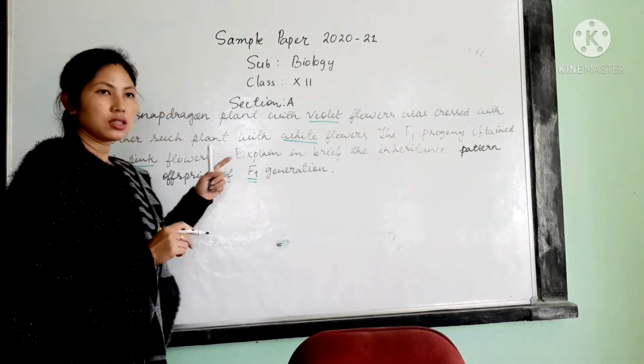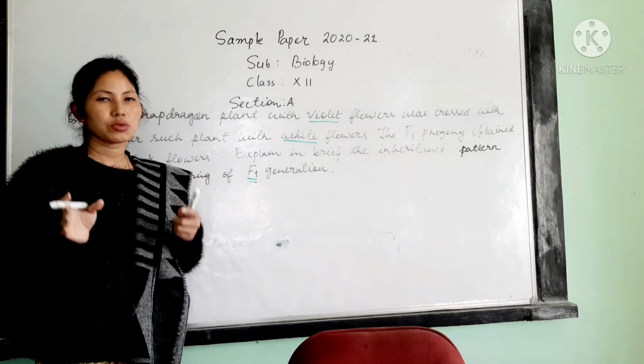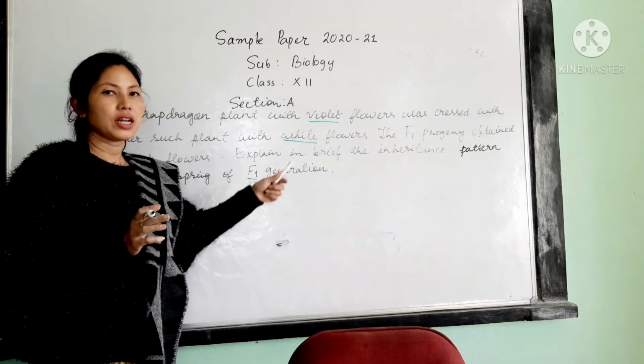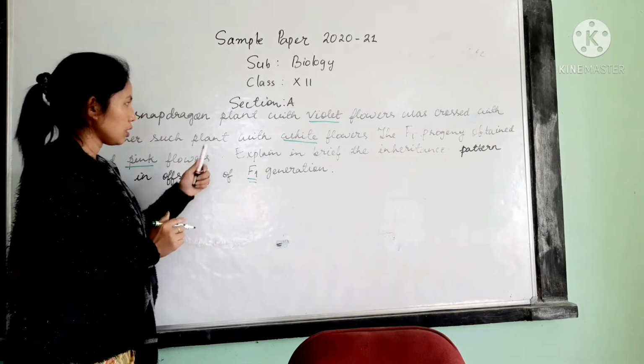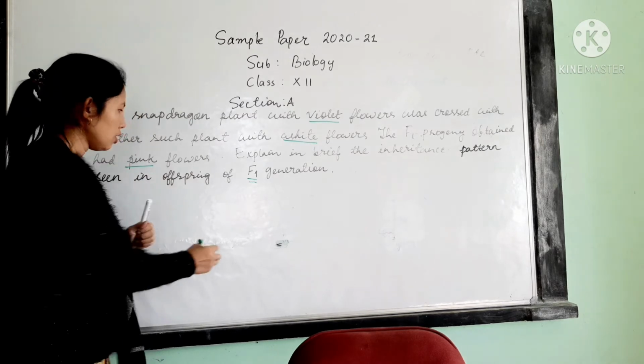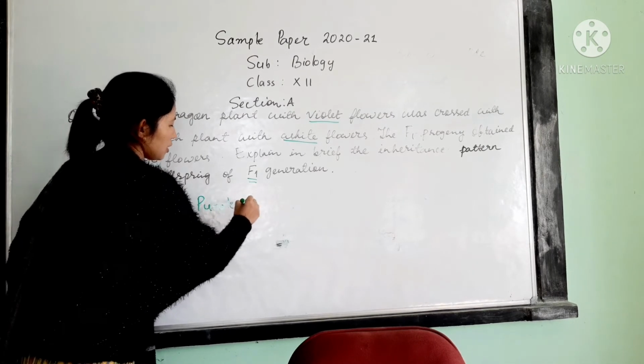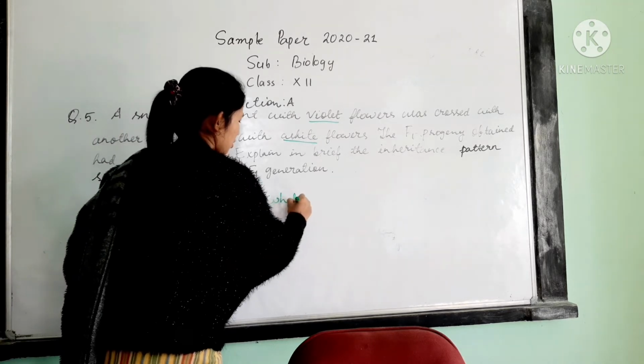So in this question, since it is a 1 mark question, here you need to explain what kind of inheritance pattern it is. So in the question, the snapdragon flower which is violet is crossed with white.